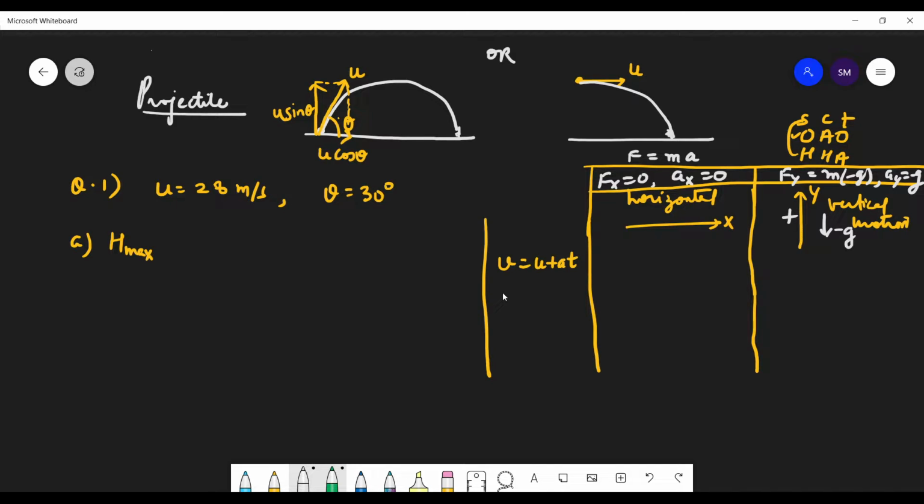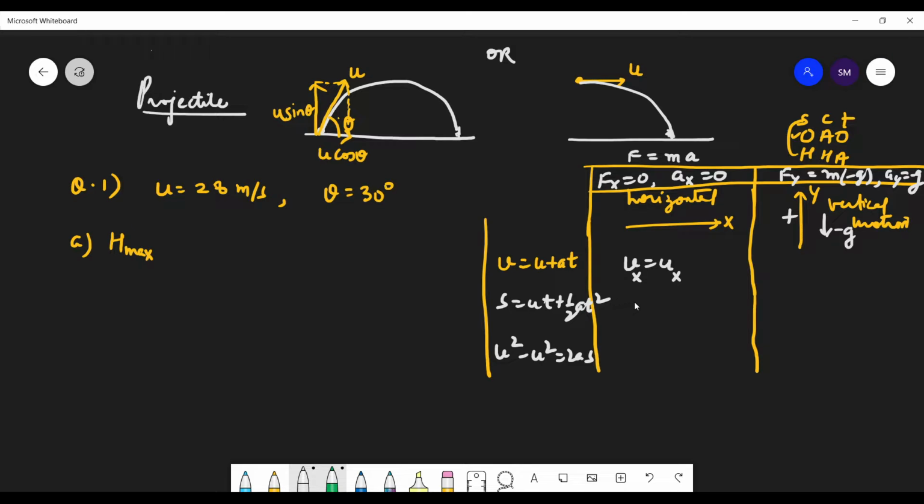So you have same formulas. Put the value of ax is equals to 0 here. So you will get v is equals to u, means the initial horizontal velocity will remain same. Initial is equals to final, because acceleration is 0, no force acting in the horizontal direction.